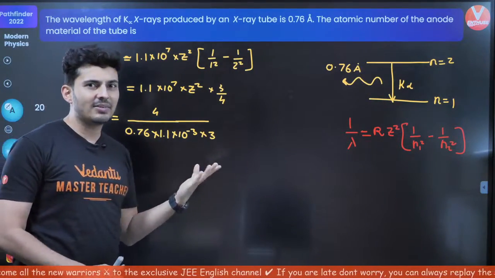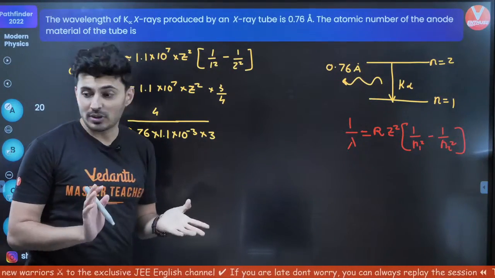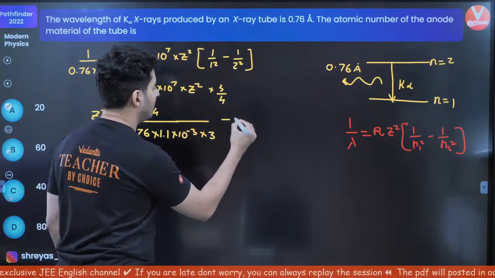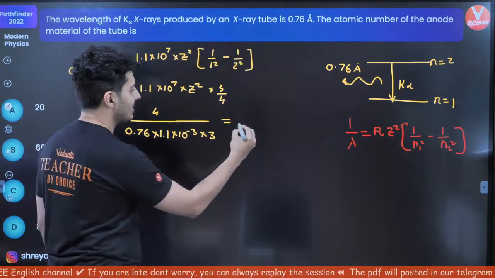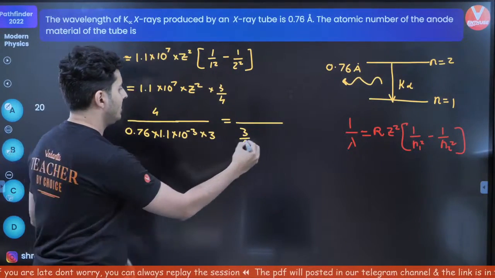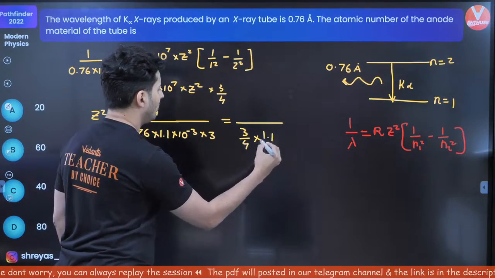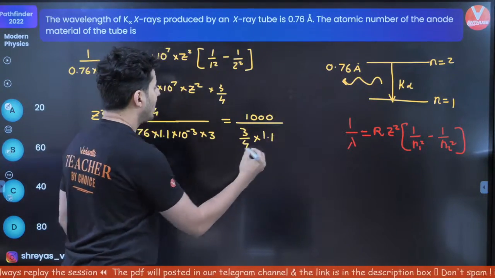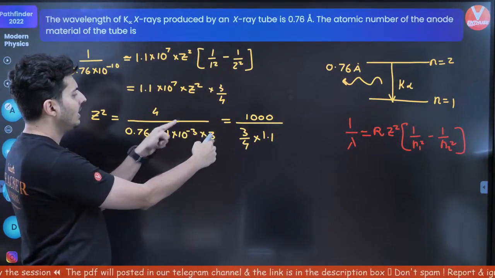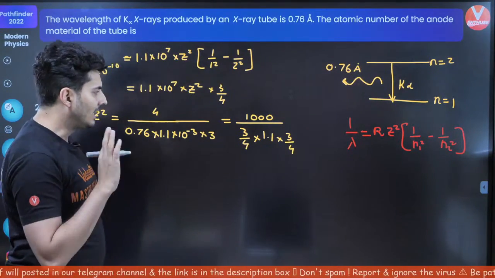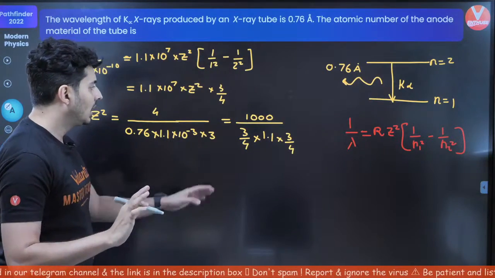0.75 is 3/4, right? 0.76, 0.75, roughly the same. So how about this? 0.76, I will write it as 3/4. This is fine, 1.1. 10 to the power 3, maybe I'll put it on the top, so 1000. And that 4 which is there on the top, I'll bring it below. So again, it will become 3 by 4. Interesting. Great.